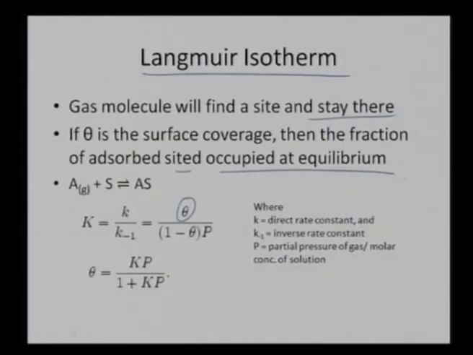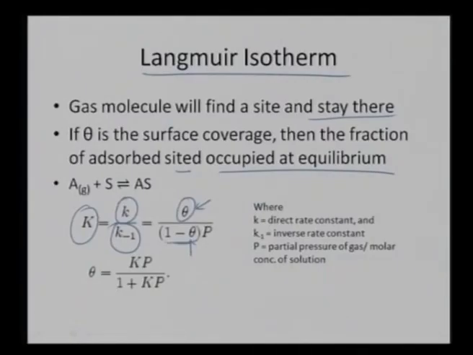So that is what we can see here. The overall equilibrium fraction can be defined by the species which has a direct rate constant and an inverse rate constant, and so it eventually comes out to be the overall coverage. This is the overall coverage.